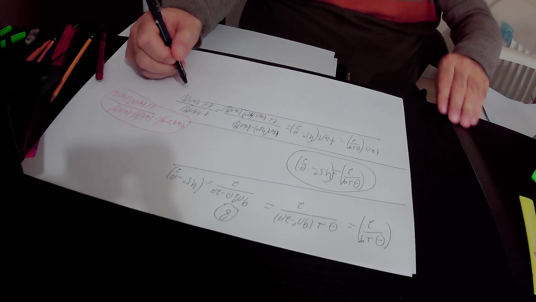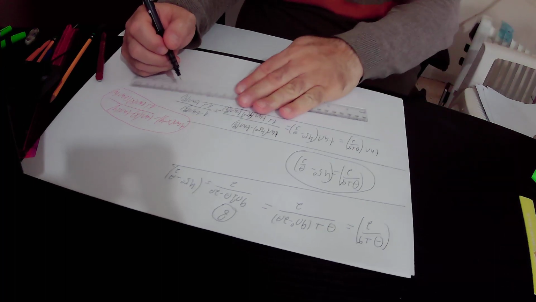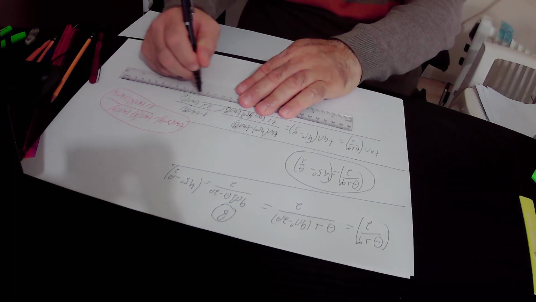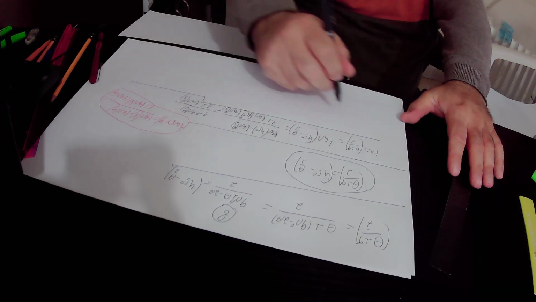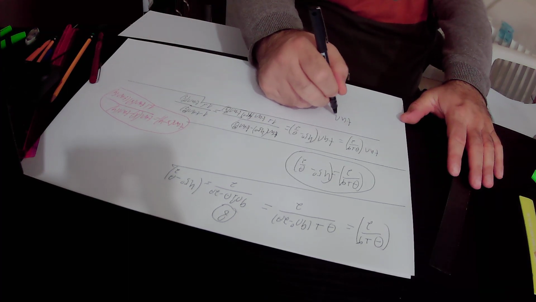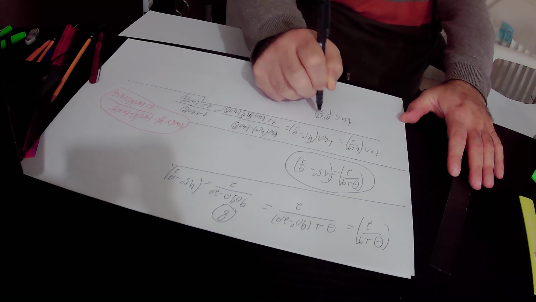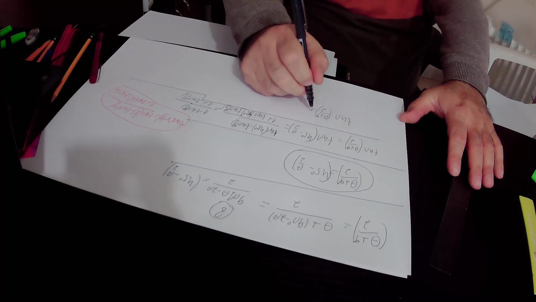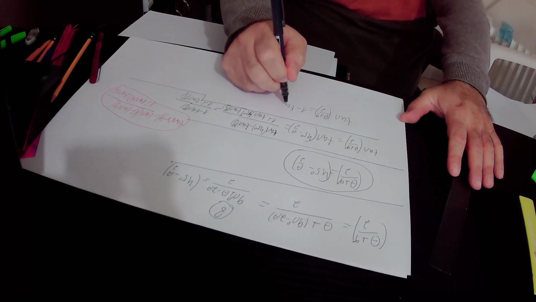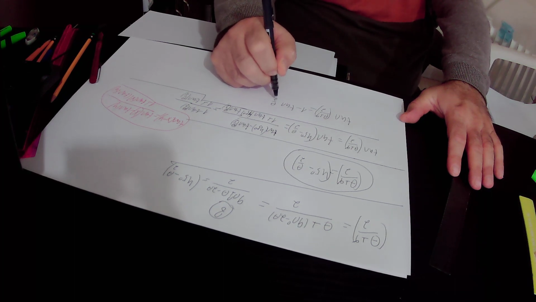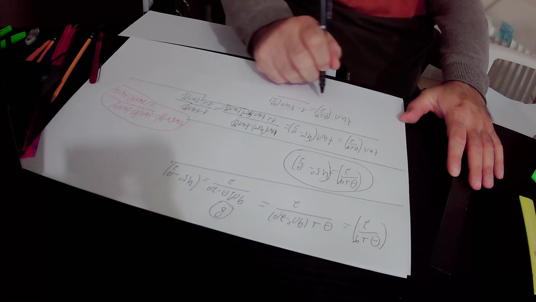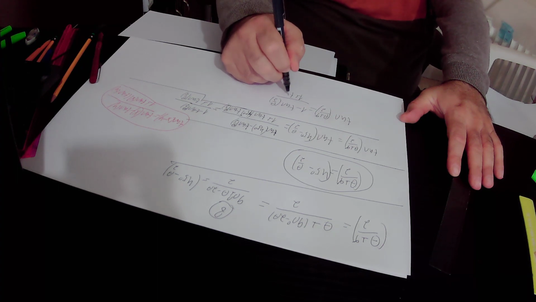So in conclusion, we found out that tangent theta plus alpha over 2 is equal to 1 minus tangent theta over 2 over 1 plus tangent theta over 2.